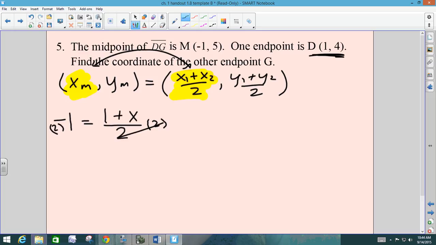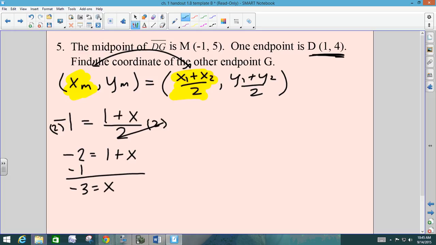They cancel over here. 2 times -1. -2, right? Now instead of adding 1, what do we do? -2 minus 1. -3. Is that what you had in your head? -3. That's our x value of g.